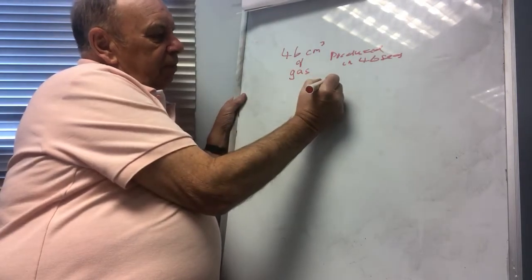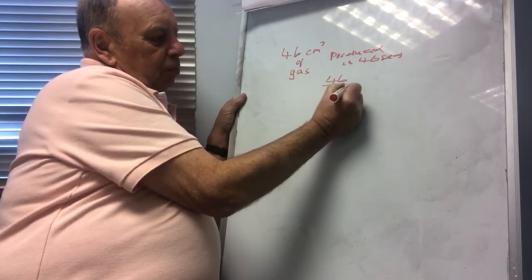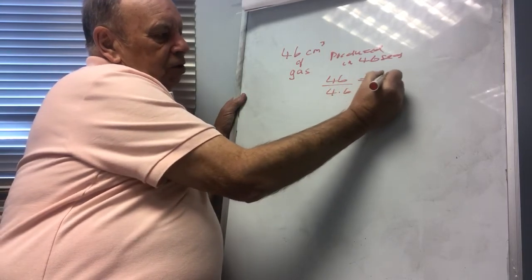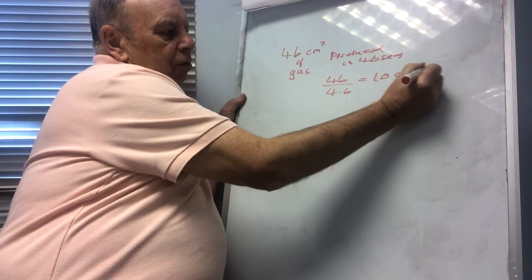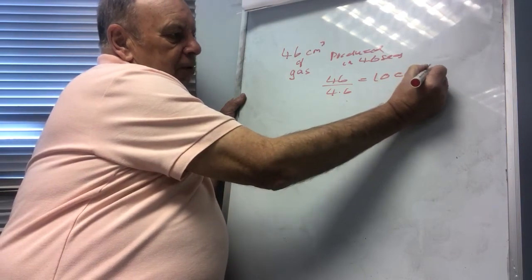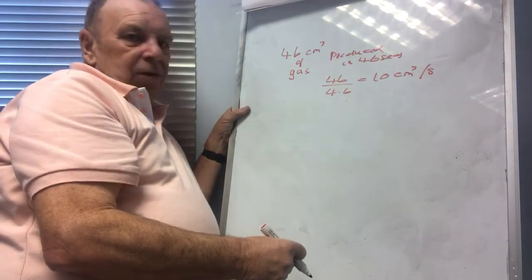It's simply 46 divided by 4.6, which is 10 cm cubed per second. Let's take another example.